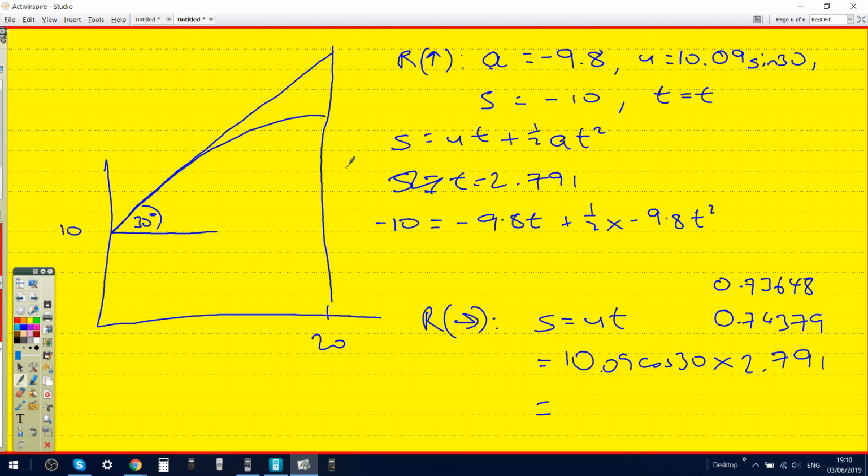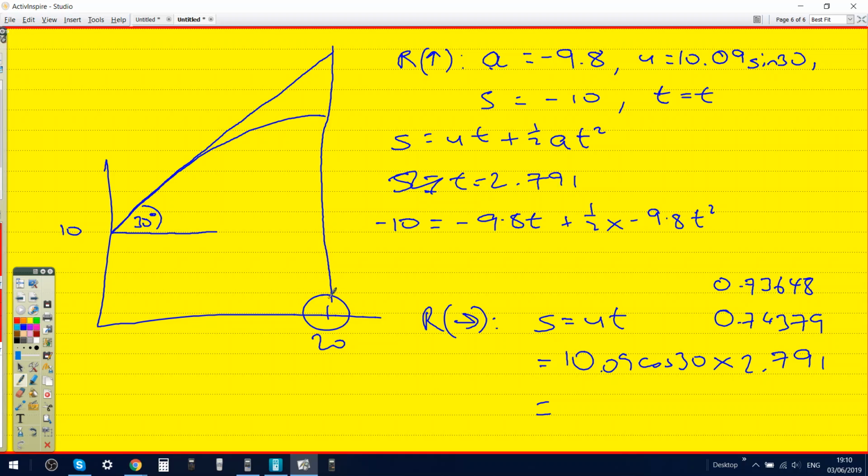So these ones you tend to resolve vertically first because you always have acceleration due to gravity. You can use that to get whatever you need, and so here s vertically will be minus 10, and this is the point that we're referring to.